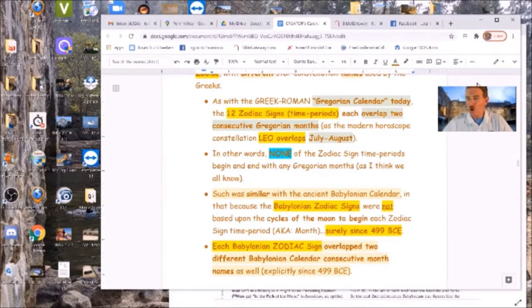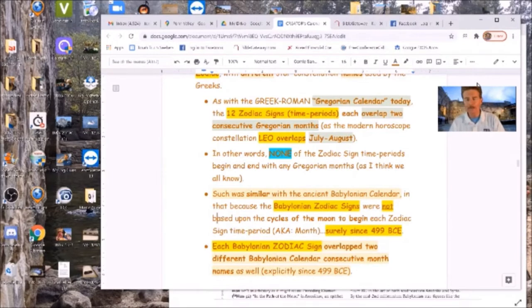As with the Greek Roman Gregorian calendar today, the 12 zodiac signs or time periods each overlap 2 consecutive Gregorian months, as the modern horoscope constellation Leo overlaps July and August. And the only reason I know that is because people say, oh, Russ, based on your birthday, you're a Leo.